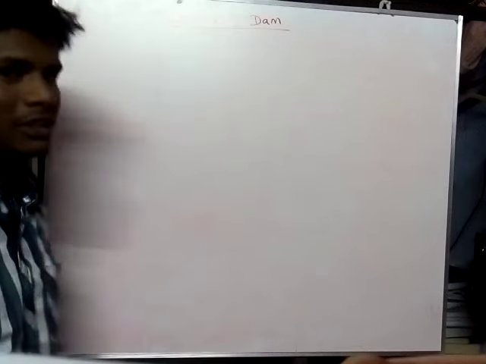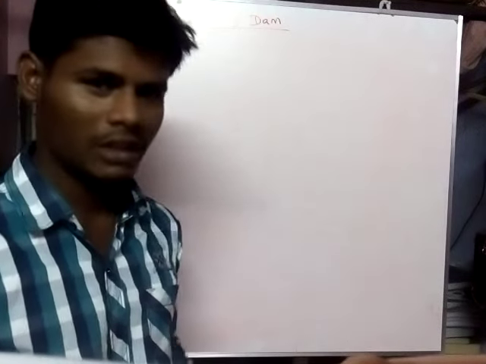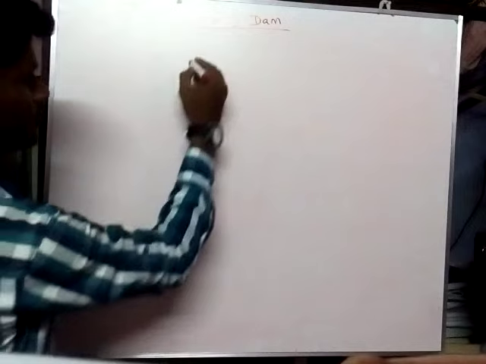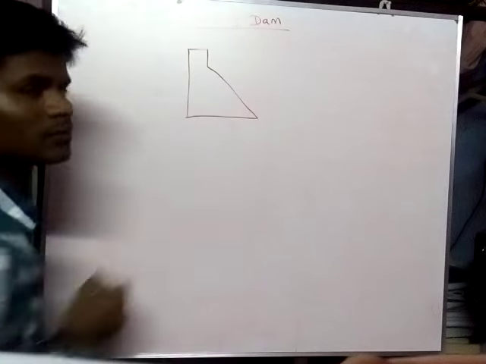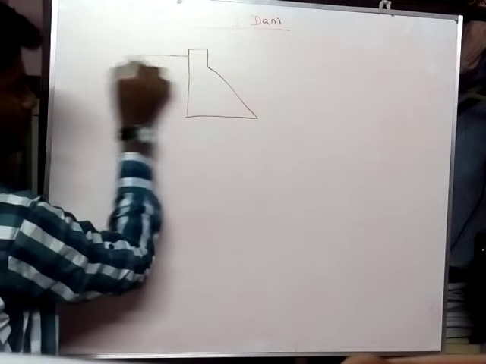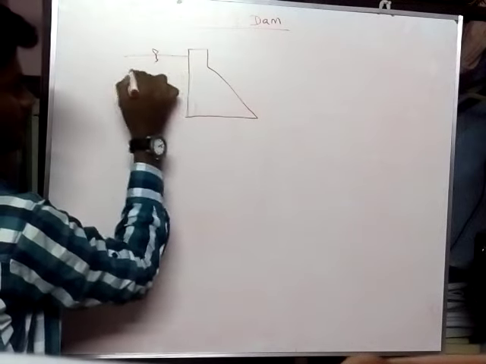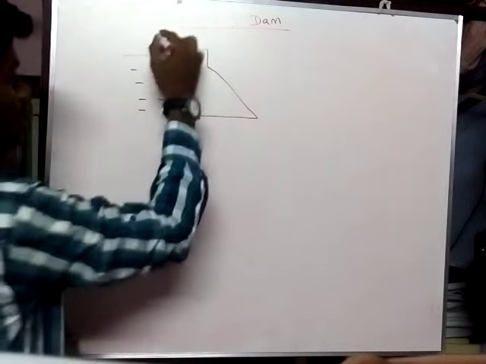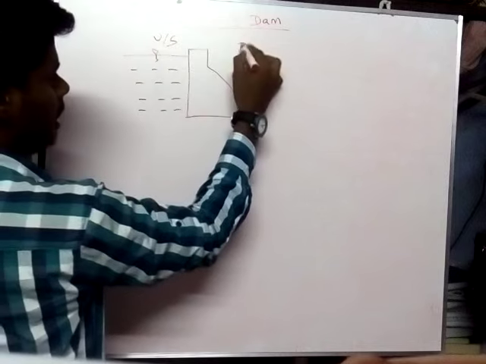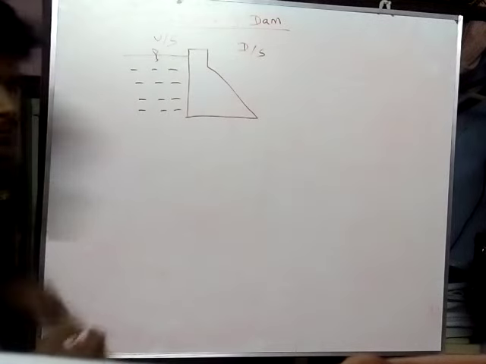So first of all, what is a gravity dam? A gravity dam is a dam. This is the dam, water is stored on the upstream side, and this is the downstream side.